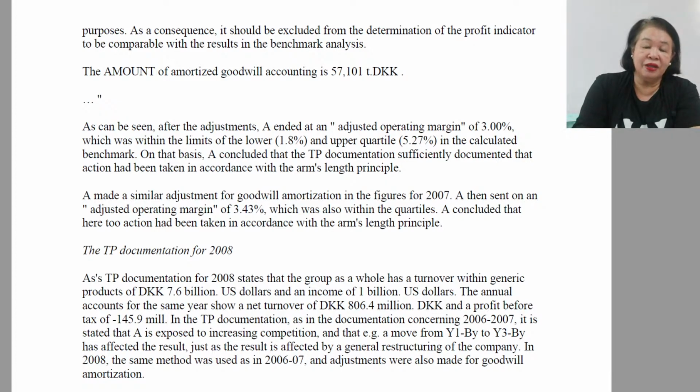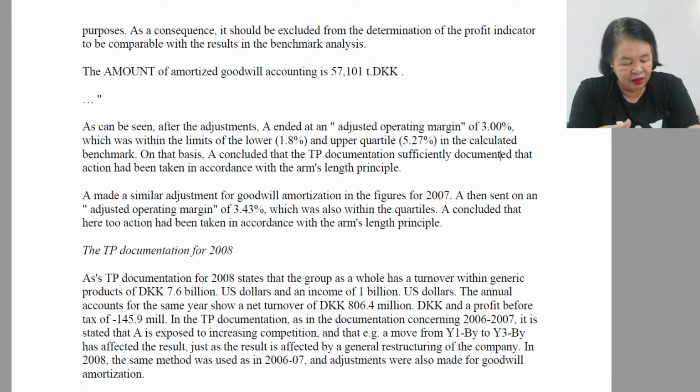Kaya nga pag gumagawa tayo ng transfer pricing analysis, after presenting your comparable and then i-present mo yung range ng kanilang gross profit if you are using the resale price at saka cost plus method, no? And then, gagawa ka na ngayon ng conclusion, no? Anong ilalagay mo? A concluded that action had been taken in accordance with the arm's length principle. Ano yung conclusion mo? Na the pricing of the goods ng company is arm's length, no?